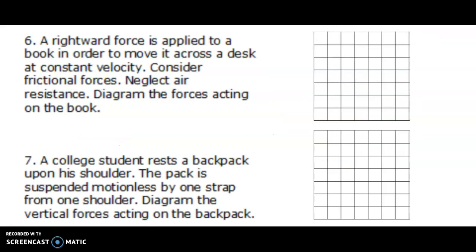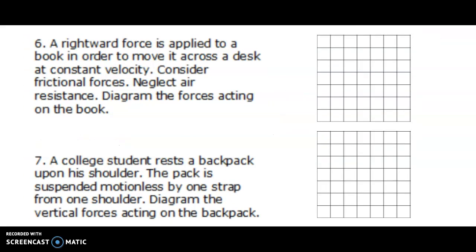Number 6 is similar. This has a book that is moving with constant velocity. I'm going to make it the same book. So I think I drew 2 boxes of force of gravity before. I'm going to draw 2 boxes of normal force. That's exactly what I had before.